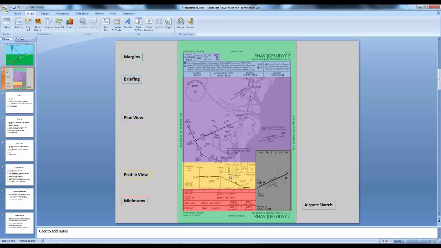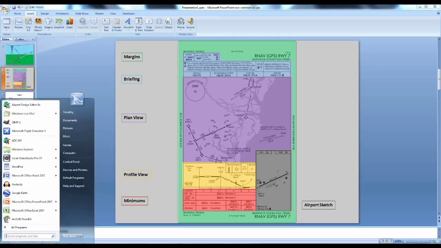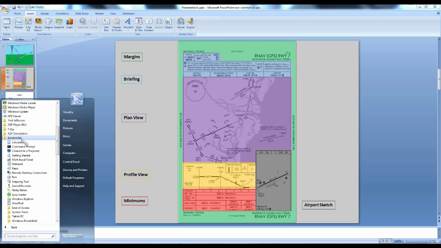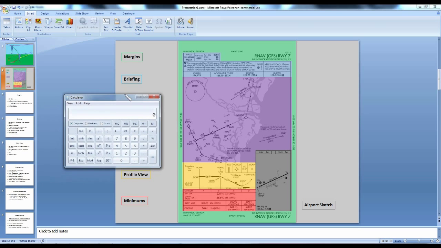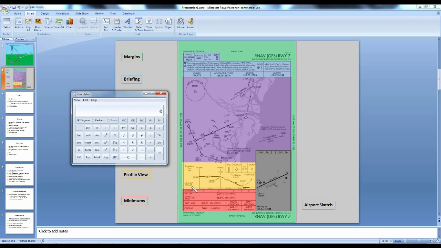The visual descent point also serves another purpose, and you can actually calculate the visual descent point yourself if it's not charted. Here it's charted where it says 1.3 nautical miles to runway 7. But if it's not charted, you can actually calculate this, and let me see if I remember how to do it. Bring up the calculator. I believe it is the threshold crossing height?